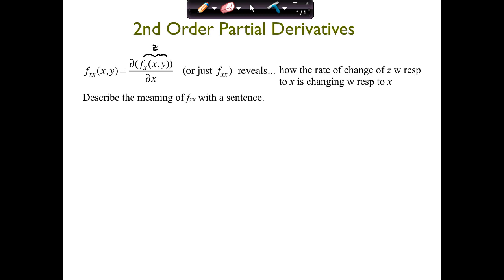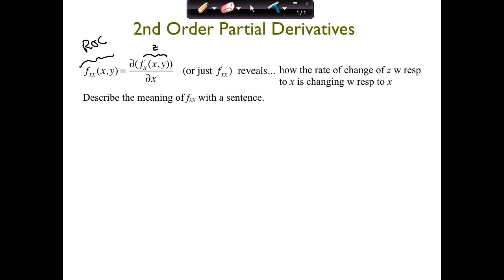Not F with respect to X. This is the rate that we're trying to figure out. So that's our multiplier, right? This value is the rate of change that we're analyzing. That's the multiplier that gives us the change in the partial derivative.